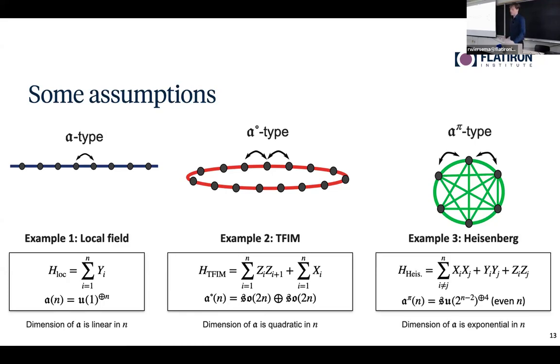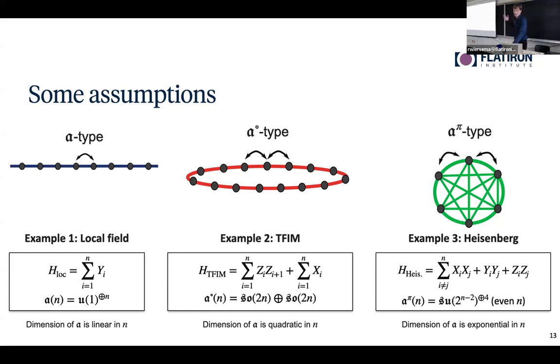And then as a final example, maybe you have the Heisenberg model on this crazy graph, and in our classification we were able to show that it's SU(2) to the n minus 2, and then 4 copies of it. So this is the goal: you give me a Hamiltonian, you tell me which of these topologies it's on, and then I can tell you the dynamics will be in this Lie algebra or this Lie group.